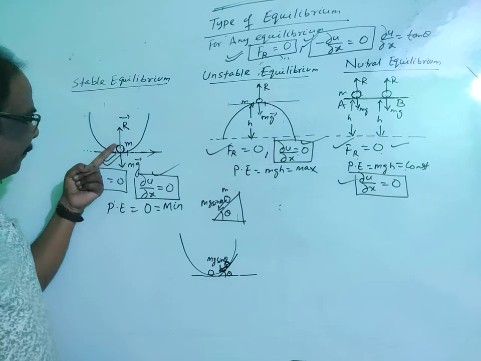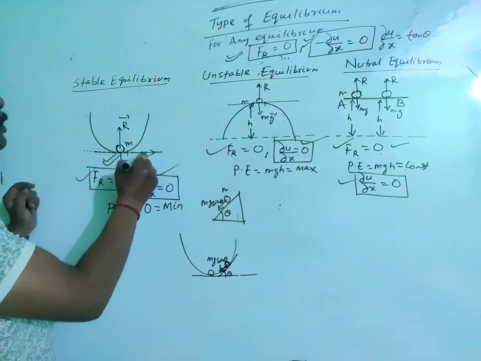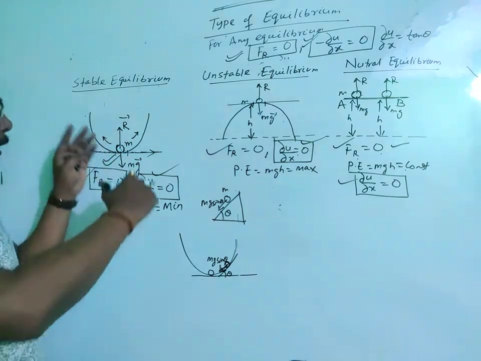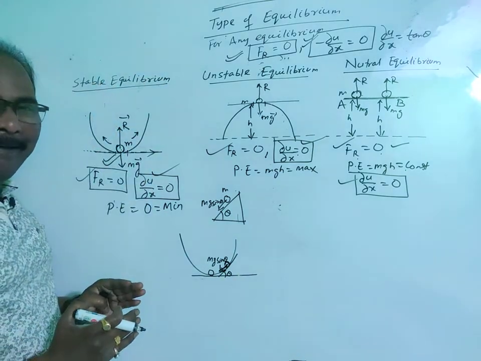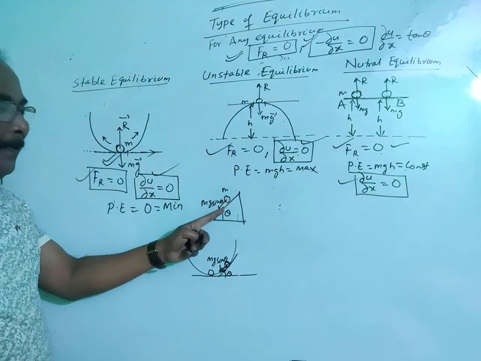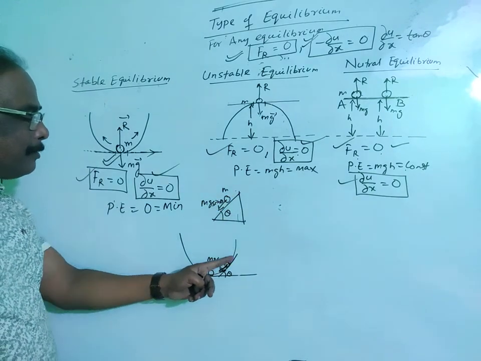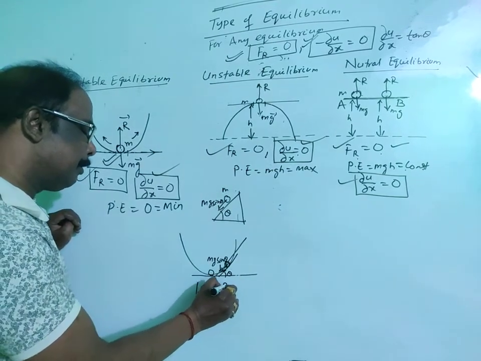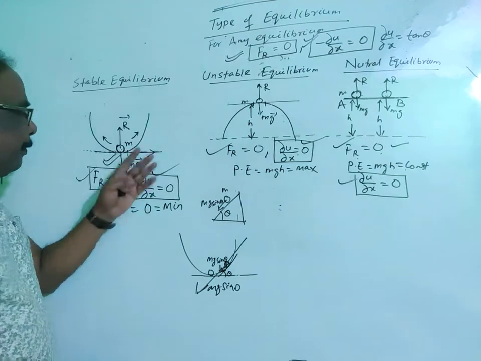If a body from this position is tilted slightly along this direction or along this direction, it will again return back to its original position due to component of gravitational force along this direction. This is mg sin theta. It will bring back the body.